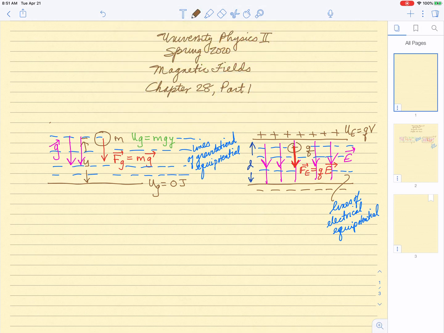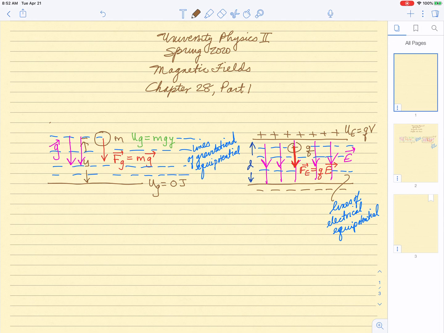So now, in this chapter's discussion, unlike the electrical development where we started with Coulomb's law, and from that we developed a picture of electric fields, in this chapter, we're going to assume that the magnetic field already exists, and how it comes about is the material for the next chapter.